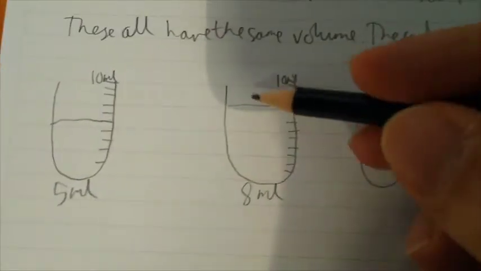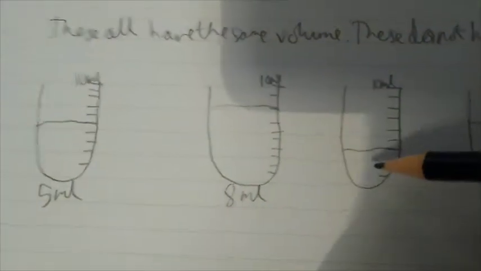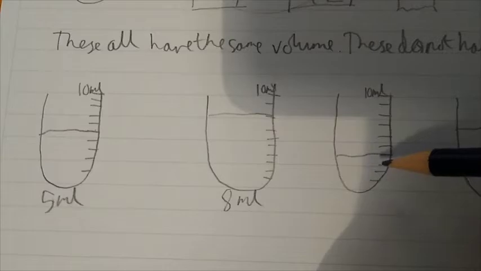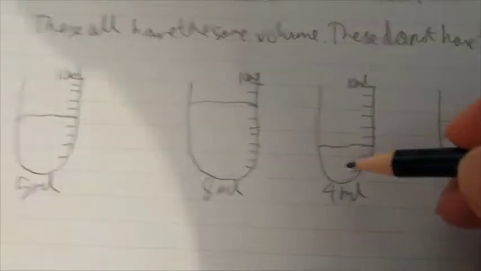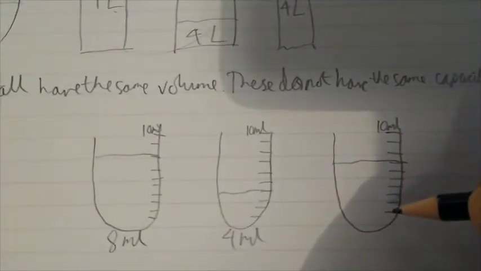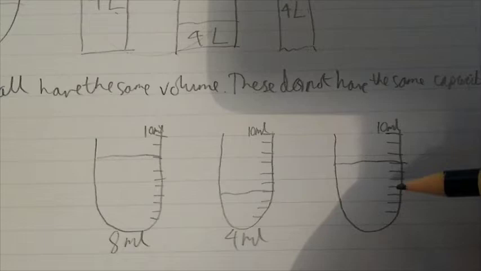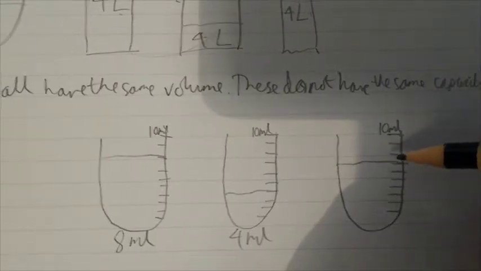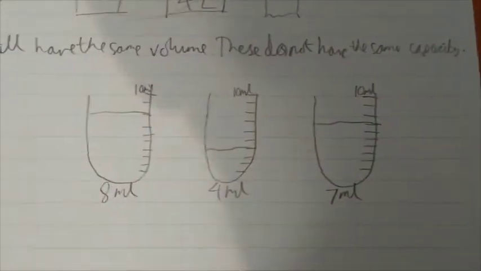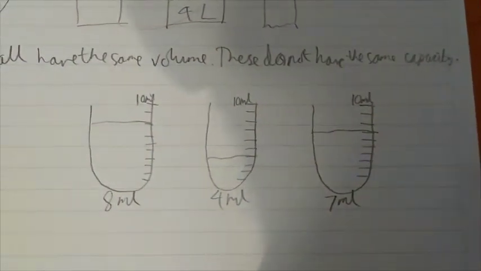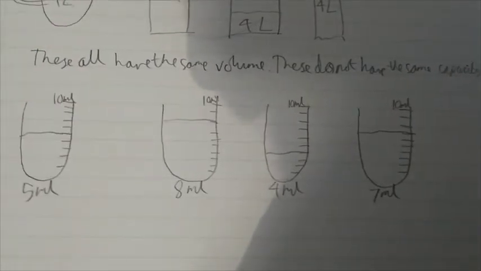This contains 1, 2, 3, 4. 4 milliliters of liquid is the volume for this container. And 1, 2, 3, 4, 5, 6, 7. 7 ml is the volume of liquid for this container. So if you got any of these right, well done indeed.